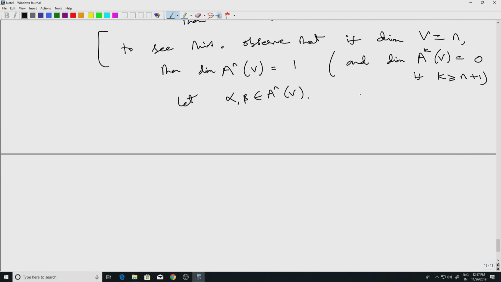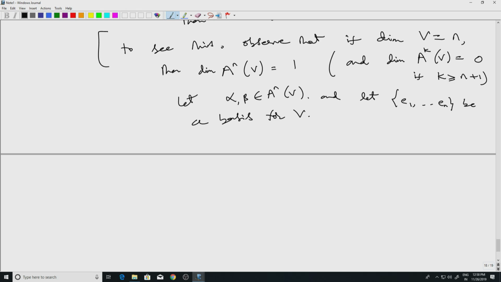So let alpha, beta belong to A^n(V), and let, I already am going to use v for arbitrary vectors, let e1, ..., en be a basis for V. Since V is any vector space, it doesn't make sense to say standard basis. So just any old basis, I will just call it e1 up to en.